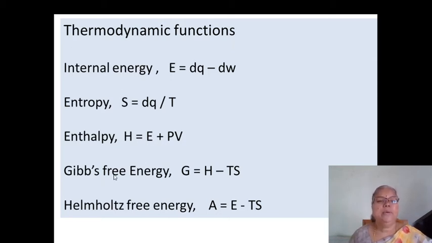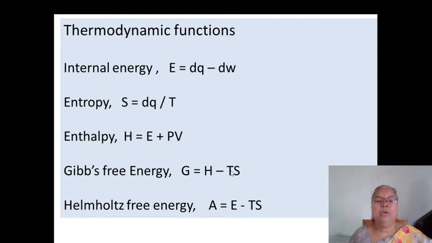Then the next thermodynamic function is the Gibbs free energy, and it is given by G equal to H minus TS, where G is the Gibbs free energy, H is the enthalpy, T is the temperature, and S is the entropy.